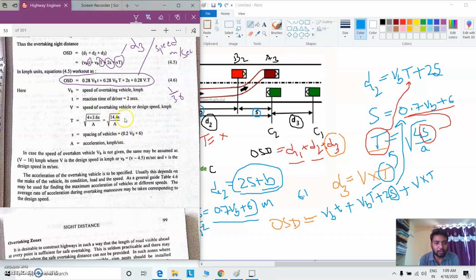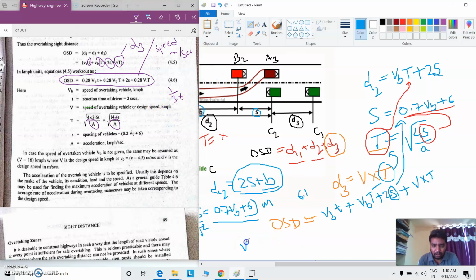And here in kilometer per hour, the acceleration value will be different, that is acceleration a is to be considered differently. Sometimes in the case the speed of overtaken vehicle vb is not given in your problems, that is the vehicle b speed is not given, the same may be assumed.